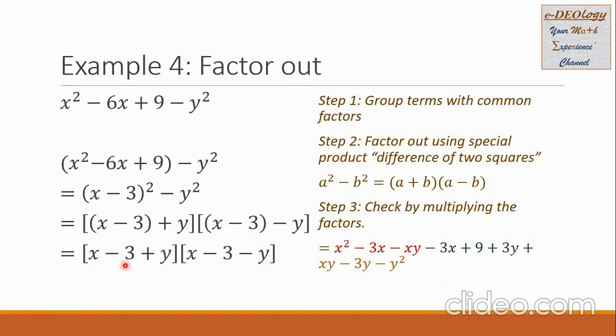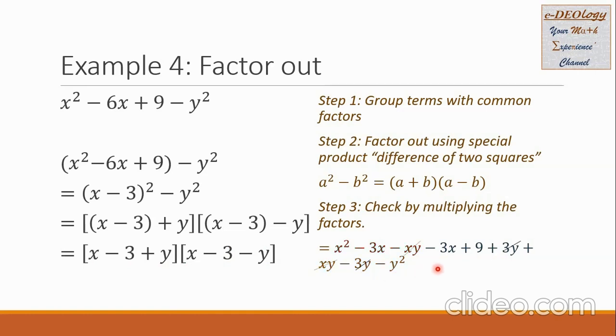Next is negative 3 times x is negative 3x. Negative 3 times negative 3 is positive 9. Negative 3 times negative y is positive 3y. Now y times x is positive xy. Then y times negative 3 equals negative 3y. And y times negative y equals negative y squared.